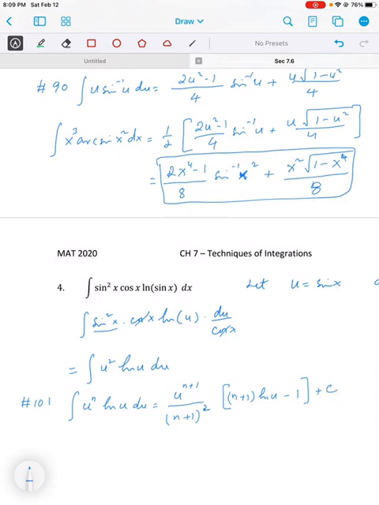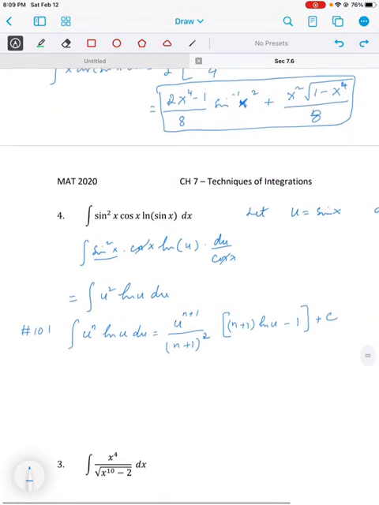So notice here, this is one term and then minus 1 another term. There is no parentheses here because that will change the answer. So make sure you do not make that mistake.